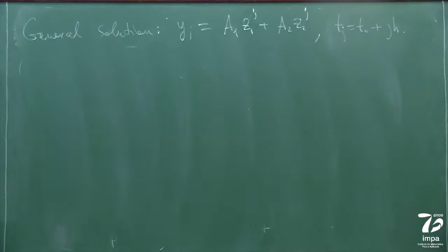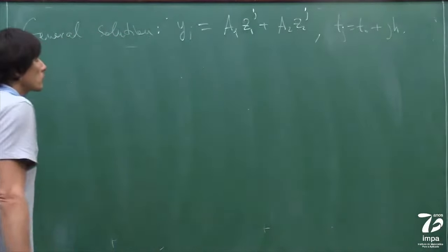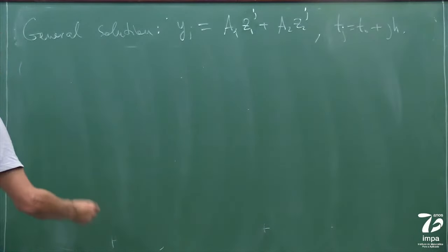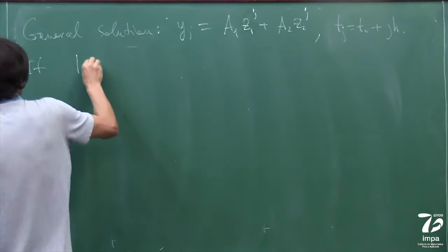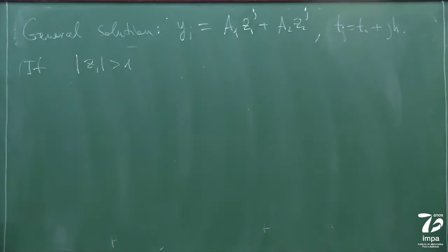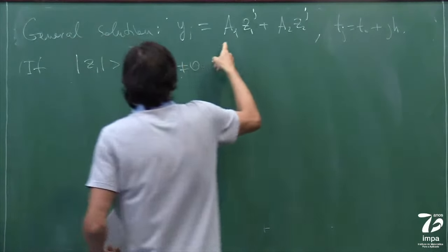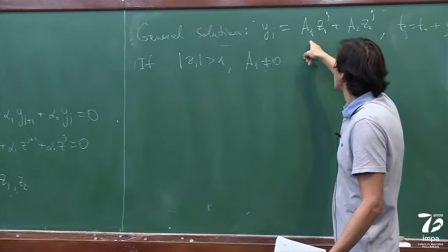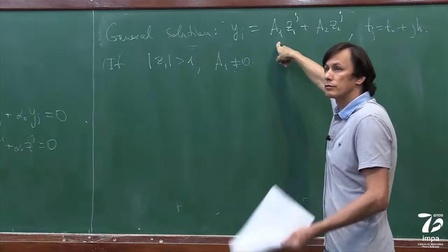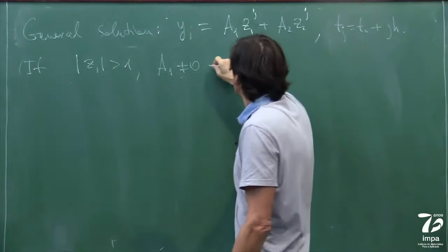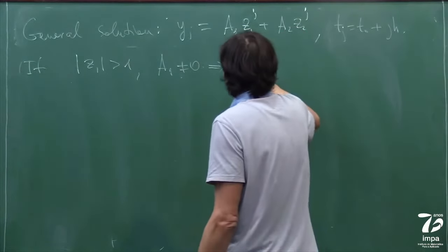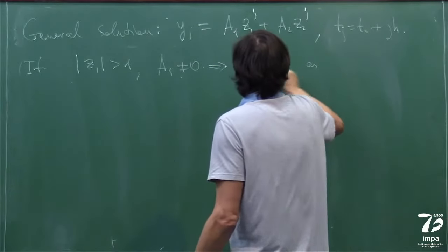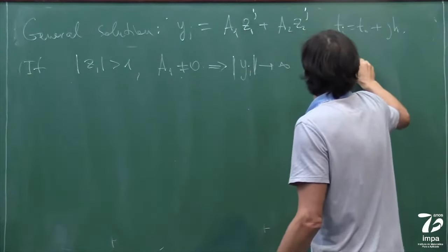Okay. So now what you see is that if one of the roots is bigger than 1, and the coefficient is not 0, so if you take a method with coefficients such that one of the roots is bigger than 1 in absolute value, and somehow the coefficient is not 0, which is usually true because it can be obtained by numerical error, then y_j goes to infinity in norm as h goes to 0.